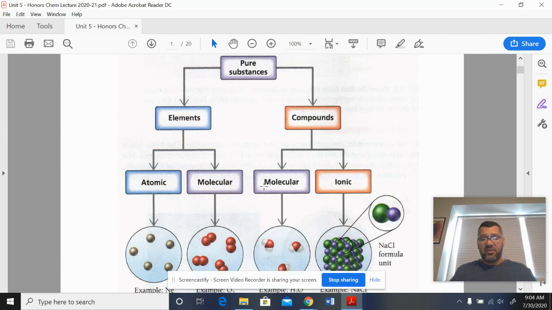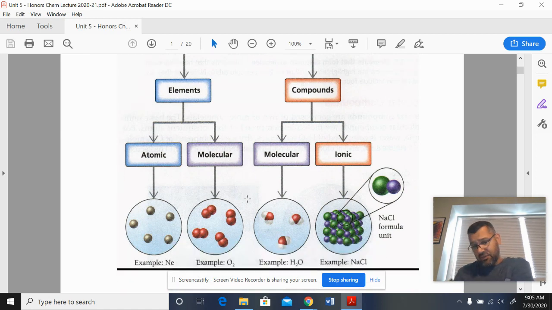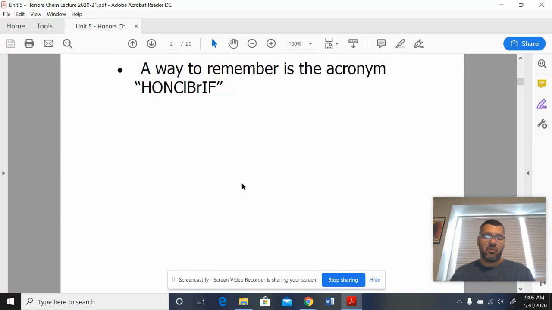The other way that pure substances can exist is as compounds. There are 2 kinds of compounds: molecular compounds and ionic compounds. I'm going to break down what those 2 are right now.